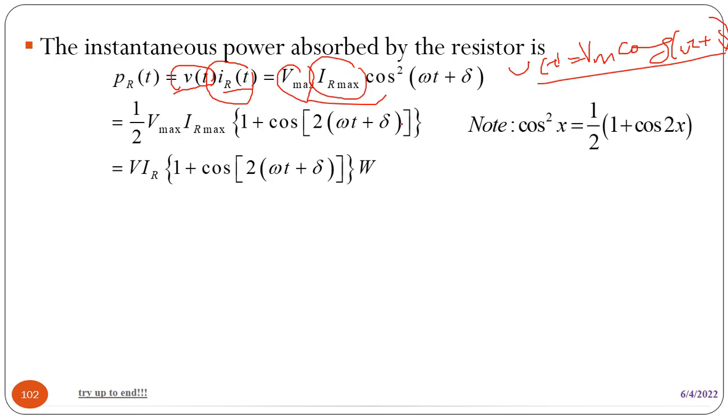When we multiply both, we get V max times I max times cosine squared of omega t plus sigma.